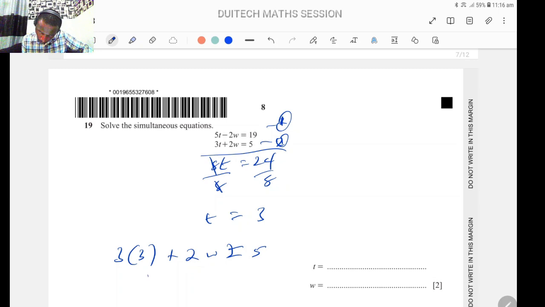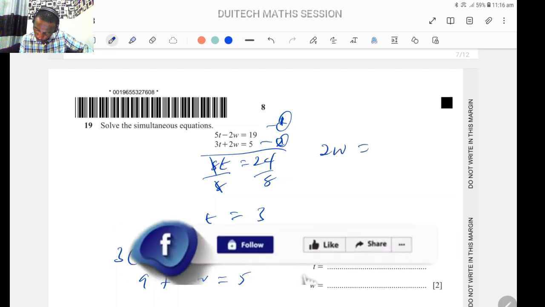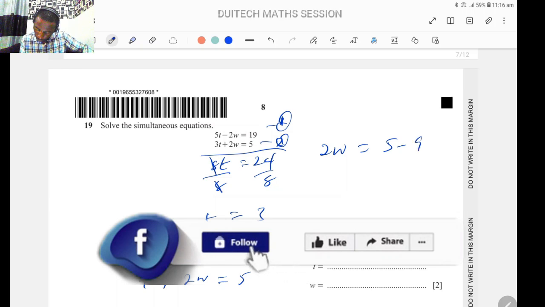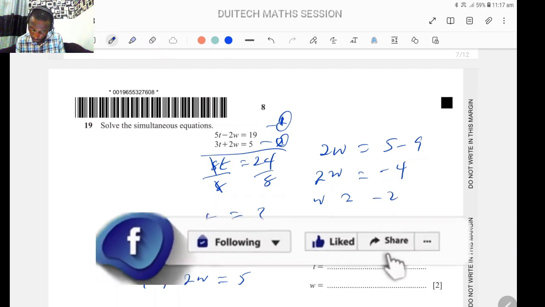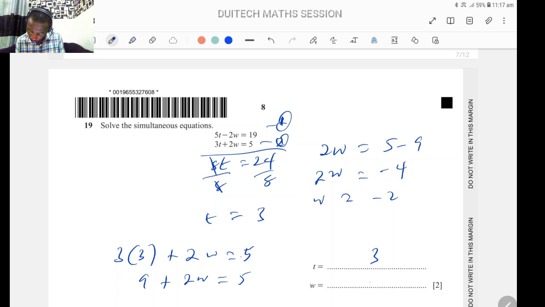So here I have 9 plus 2w, which is equal to 5. So now I have 2w is equal to 5 minus 9. 2w is equal to minus 4. So now I have w equal to minus 2, if I divide both sides by 2. So my answer here, for my t I have 3, for my w I have minus 2.